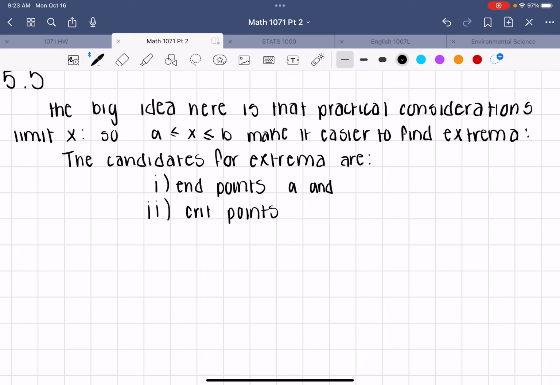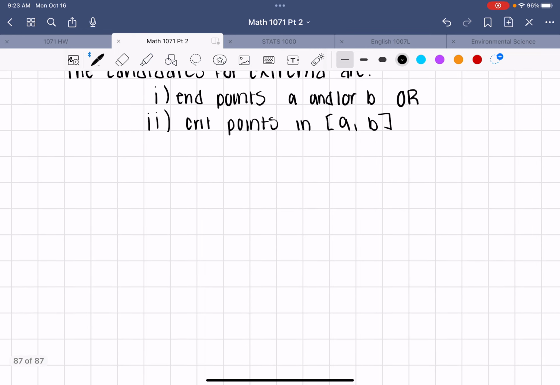So here in the first one, let's say that A goes from there to there. If that's your interval, then you're only looking at this much of the curve. And in that case, you got a maximum at A, and you got a minimum at B, if that was your interval.